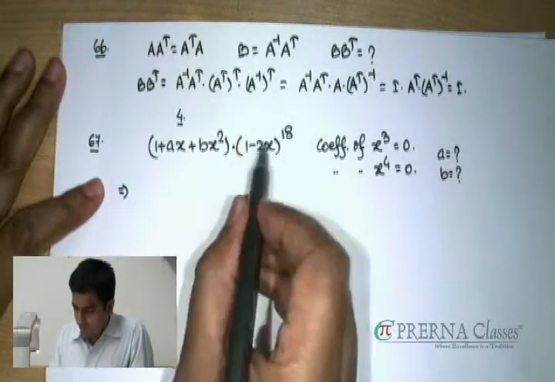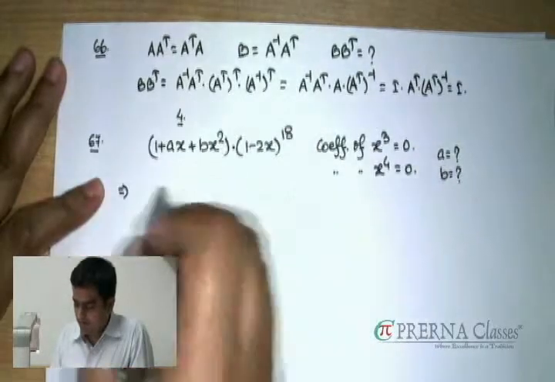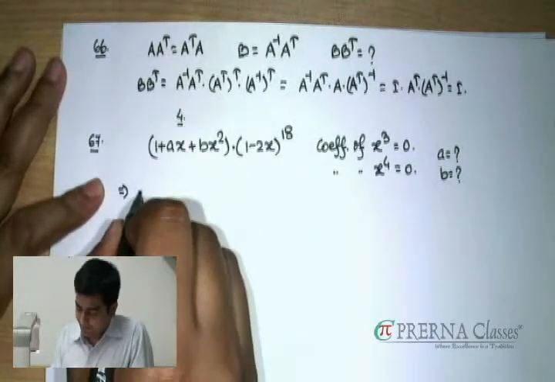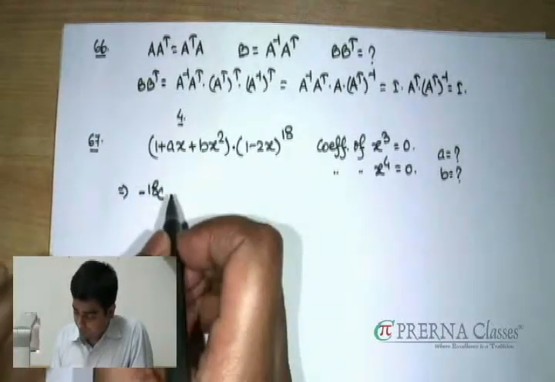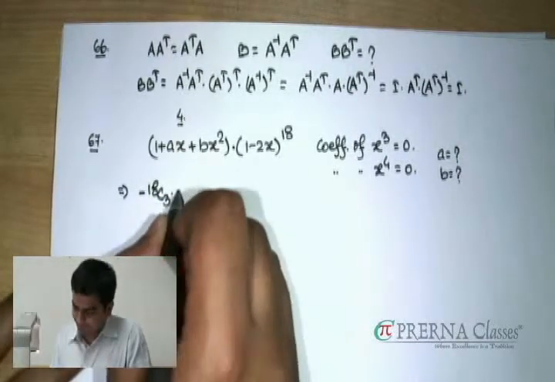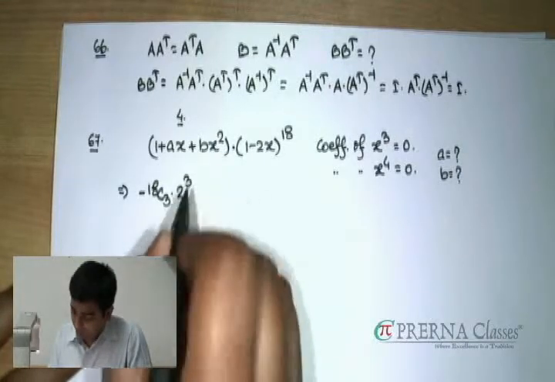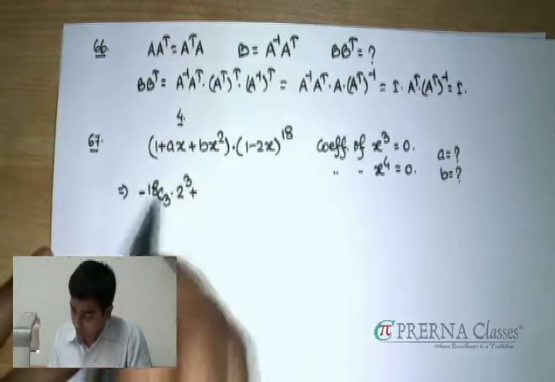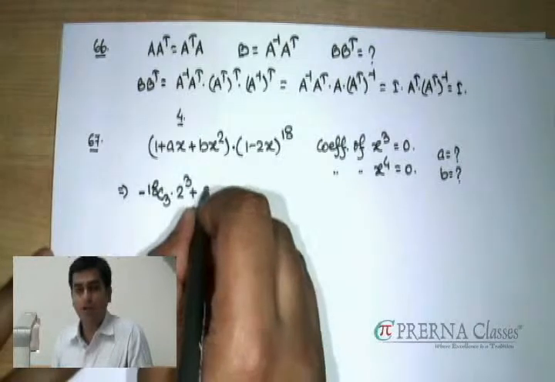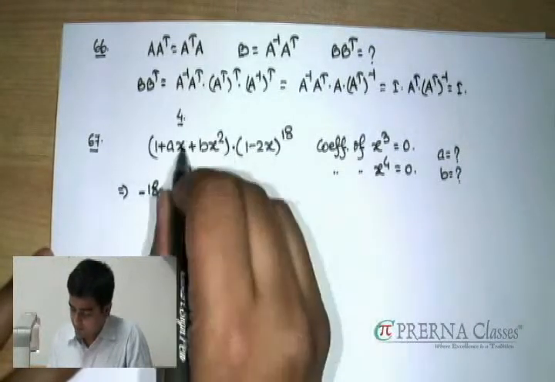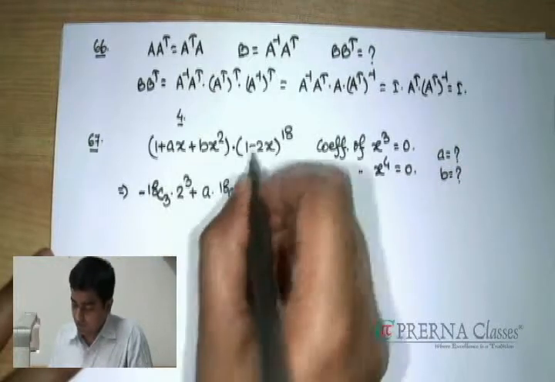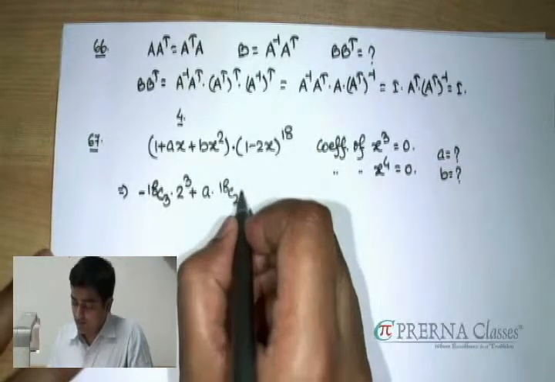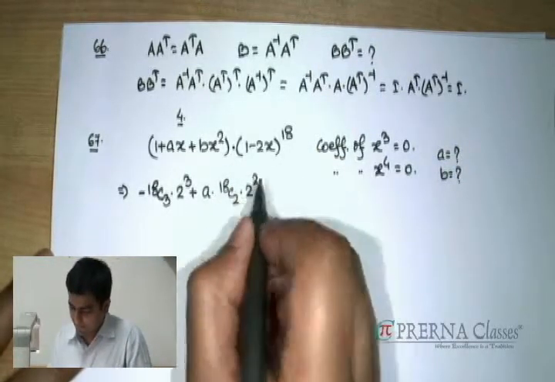If we look for the coefficient of x cube in the first term of it, once we take it inside, it is going to be clearly this in the first term. But in the next case, if I consider x cube, since x is there, we have to look for x square within this expansion of 1 minus 2x to the power 18.